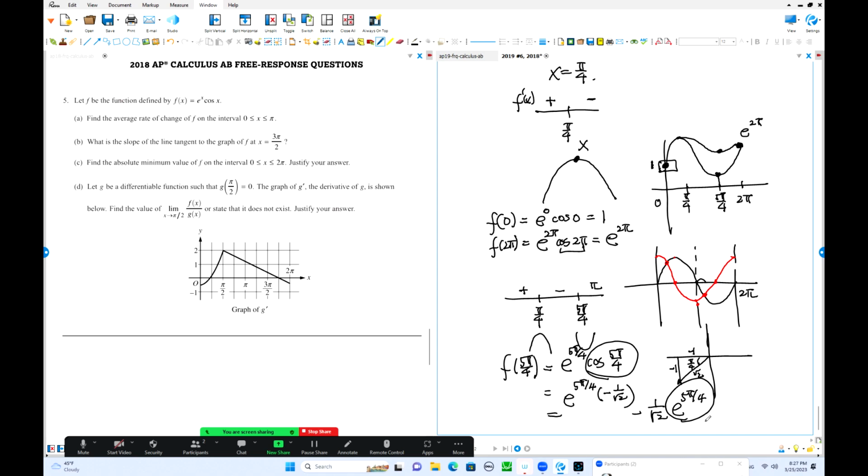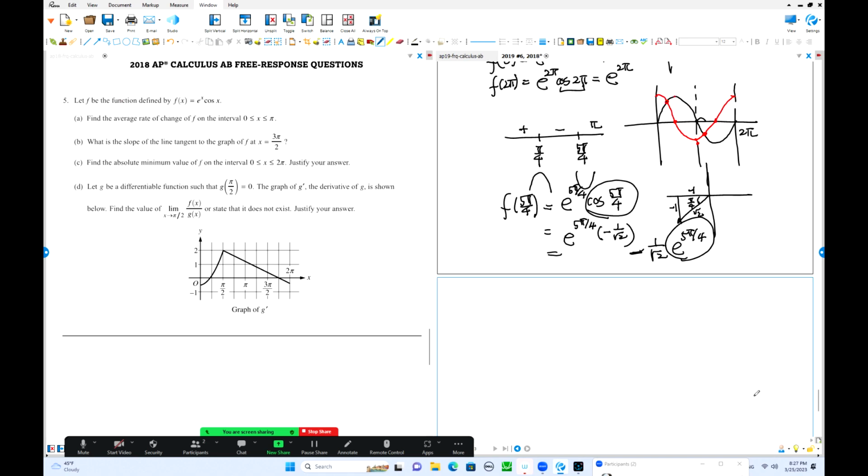Without using a calculator, is this greater than 1 or less than 1? I'm sorry, this is a negative number, right? They're all negative, down over here. Then we don't need a calculator. A negative number is down. This is the maximum down over here, okay? So this point is a negative number. Actually, we don't need a calculator, okay?